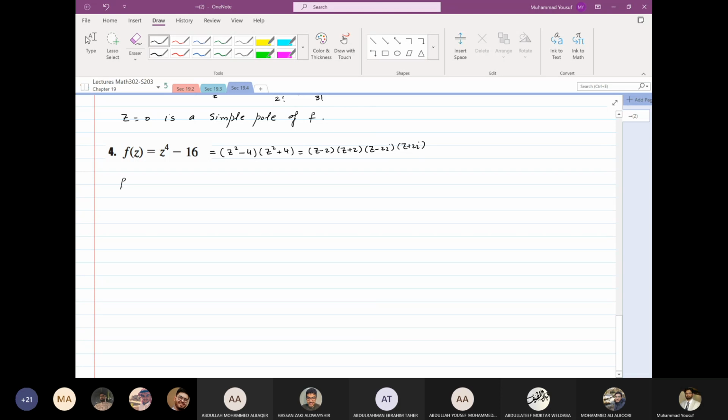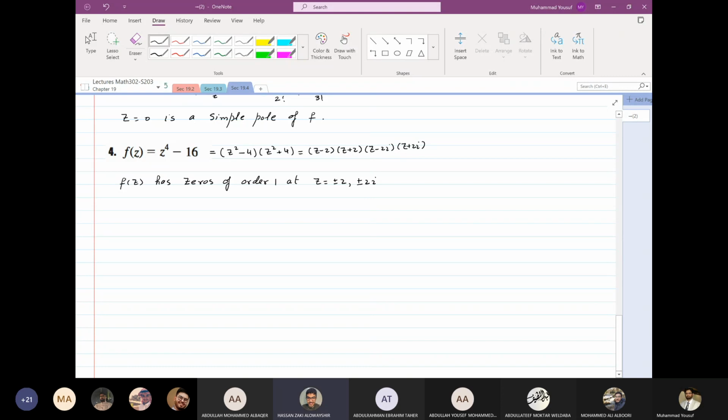So we see here that f of z has zeros of order 1 at z equal to plus minus 2 and plus minus 2i. And I hope it is clear. If not, tell me.